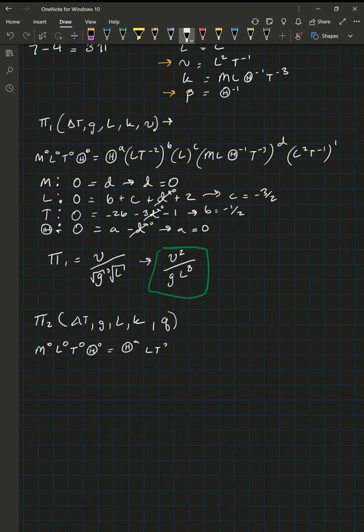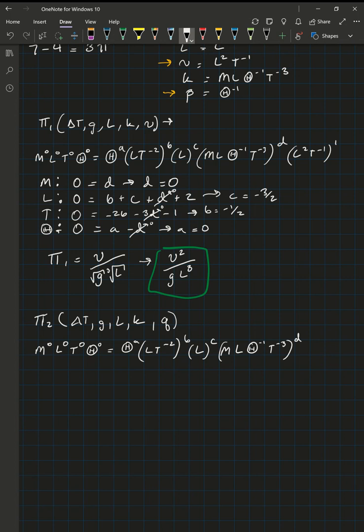So represent everything in its fundamental, base dimensions. So there's that. Again, every repeating variable gets raised to an arbitrary exponent, and so forth.